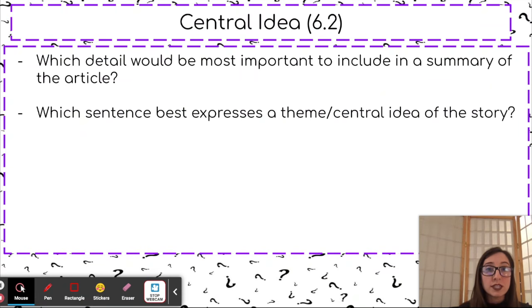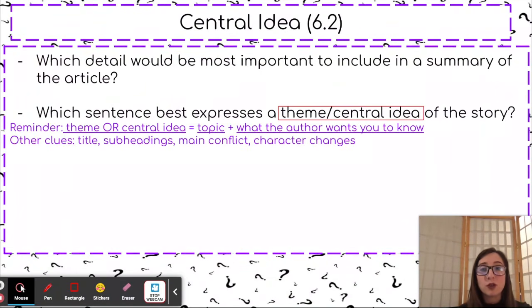Next, which sentence best expresses a theme or central idea of the story? Of course, if you watch the other videos on theme and central idea, they are usually the topic plus what the author wants you to know about that. So if the passage is about lightning and the author wants you to know that lightning is dangerous, then that might be the main idea.